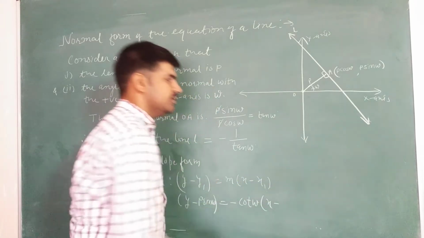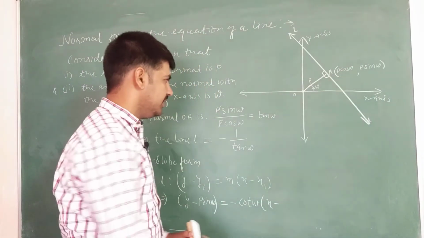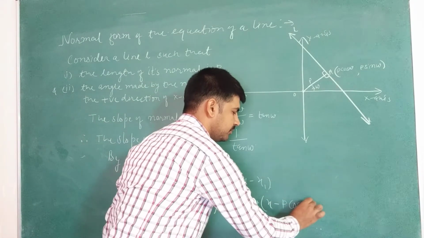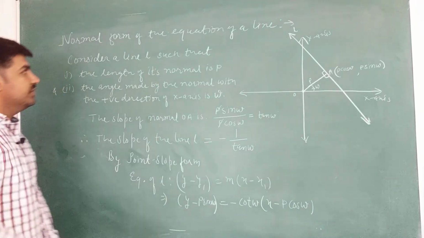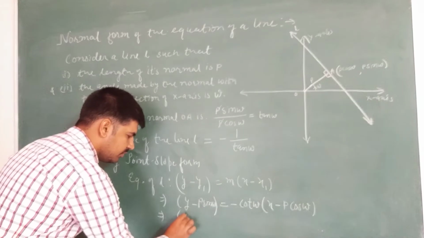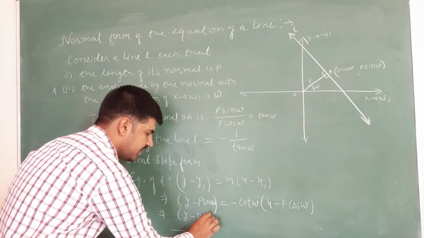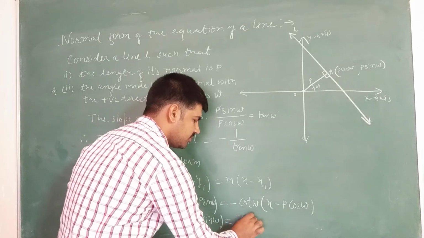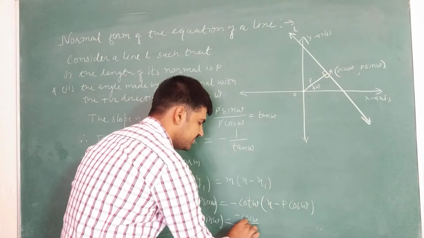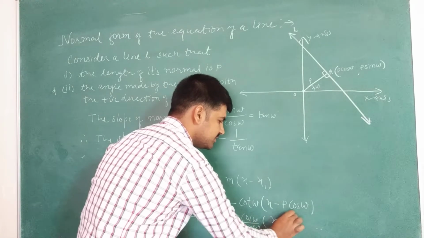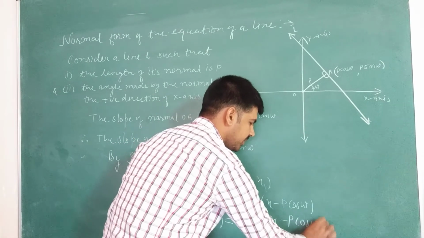X minus x1, x coordinate of the point on the line, p cos omega. Now, if we simplify this, we get y minus p sin omega is equal to minus cos omega over sin omega times x minus p cos omega.